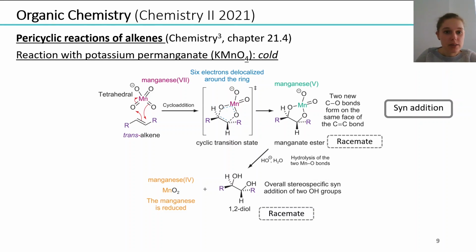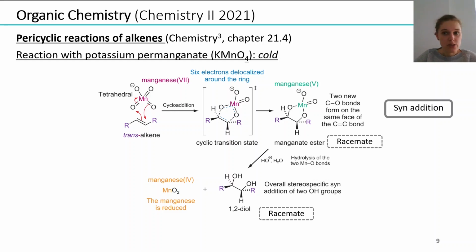And after this cycloaddition, we end up with a manganate ester, where manganese is reduced to oxidation state 5. And we now have 2 new carbon-oxygen bonds here, which are formed on the same face of the former carbon-carbon double bond. That means we have a syn addition.